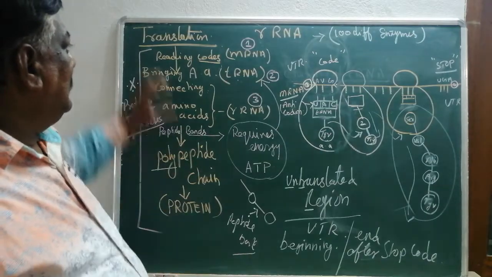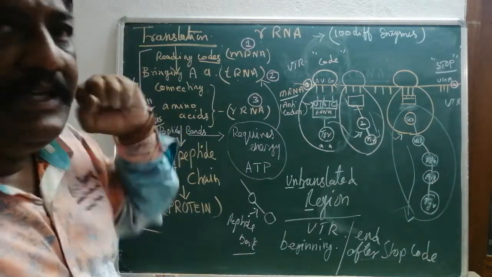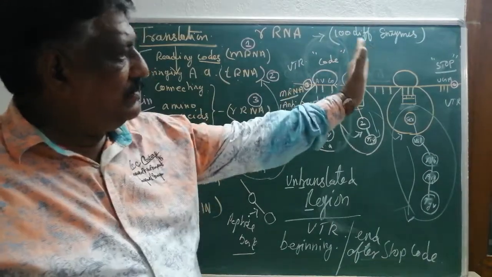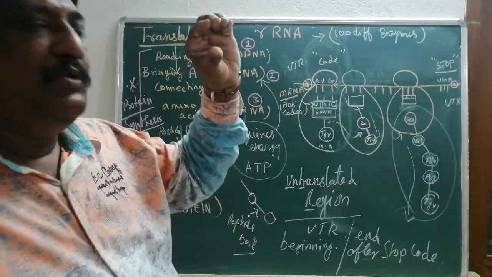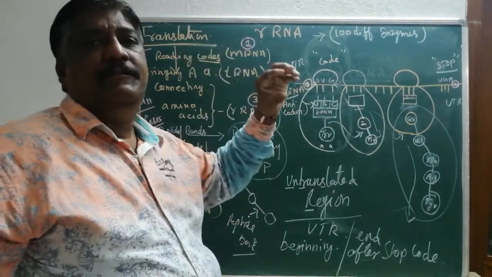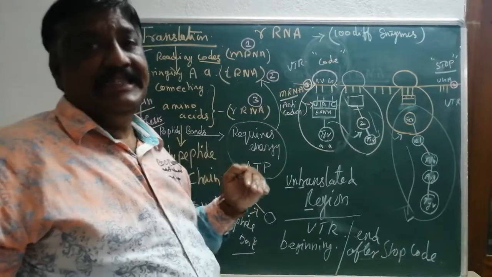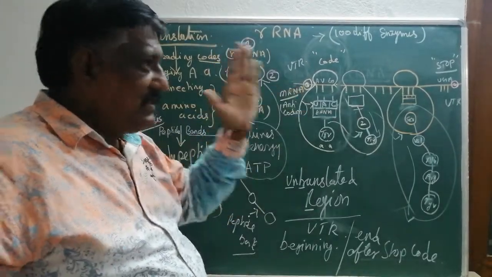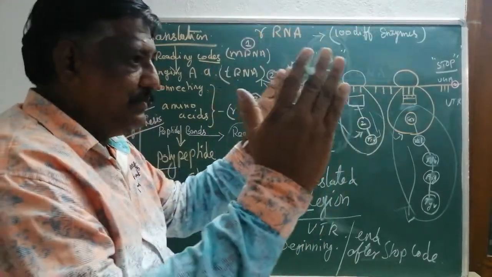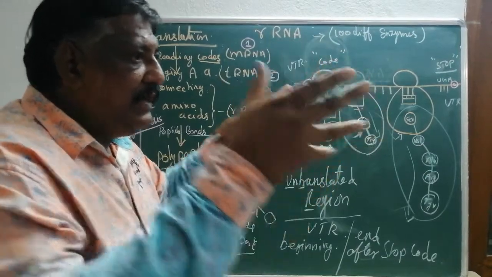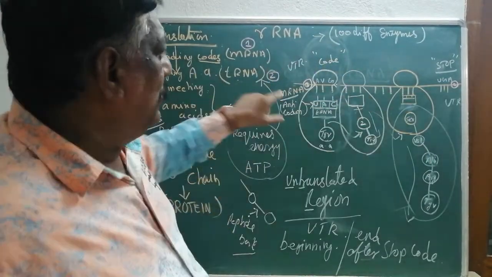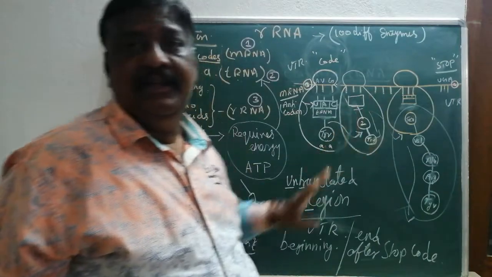And why is this UTR there? Because they say translation is very, very efficient, and it cannot proceed further. The exact amount of protein, exact number of proteins is to be released. So it marked exactly the places where it is to be performed and where it is to be cut. So it is marked here and here.